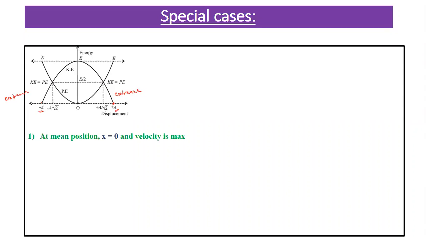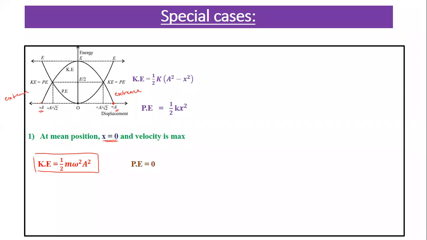So you know that at mean position x is equal to 0, and velocity is maximum. So let me write the formula of kinetic energy at mean position. You know that the kinetic energy formula is 1 by 2 m omega square a square after substituting x is equal to 0.